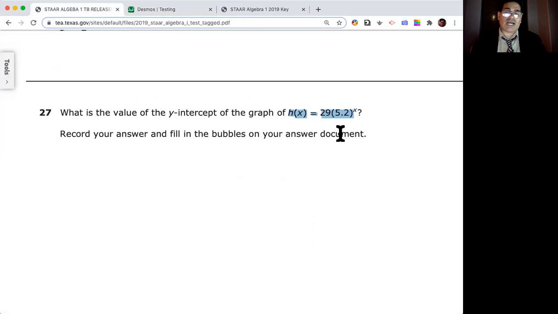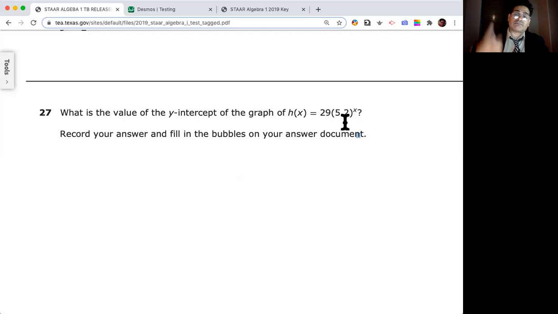Okay, and I think the last time I was tempted to put the whole figure in, the value of the y-intercept, because y equals that. So depending on how your bubble sheet is set up, you may be pushed in the direction of either putting the 29, or some of you may be tempted to put in 29 multiplied by 5.2.